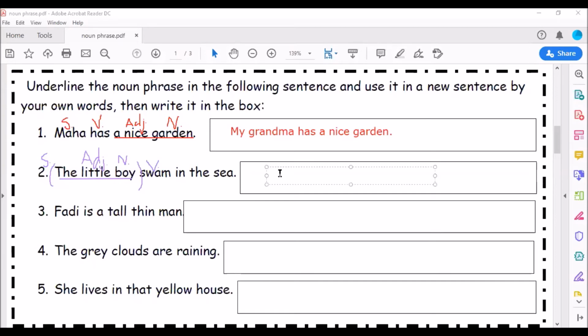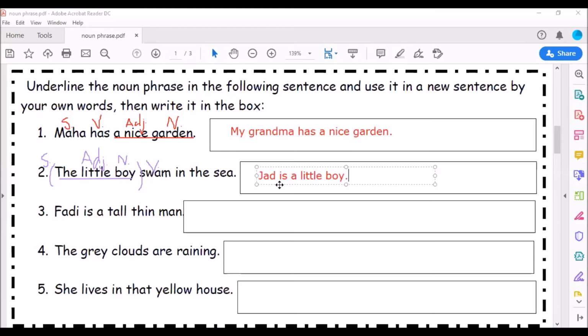Okay, shall I write my own sentence? Okay, thank you very much. So I'm gonna write Jad is a little boy and full stop.